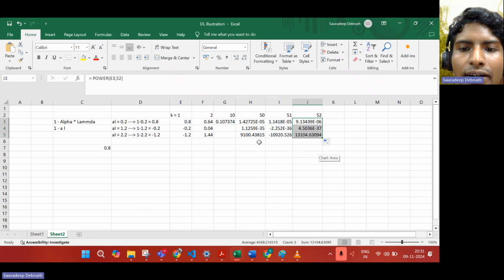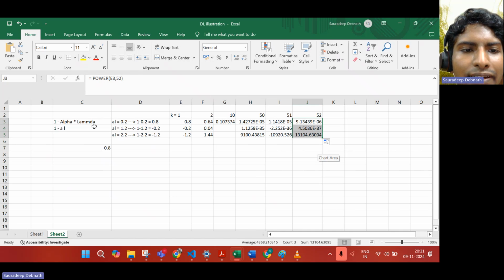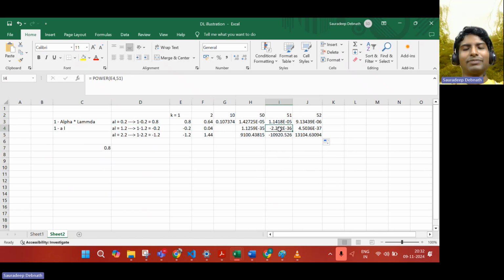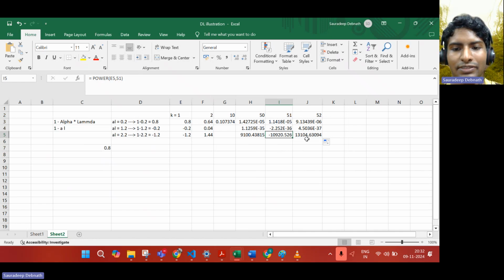As you can see, for cases where alpha lambda is less than 1, the sign doesn't change, it's converging. When it's between 1 and 2, the signs are flipping, but there's no divergence. It's not going sideways. But if it's more than 2, it's totally divergent, signs are flipping and the values are extremely huge.